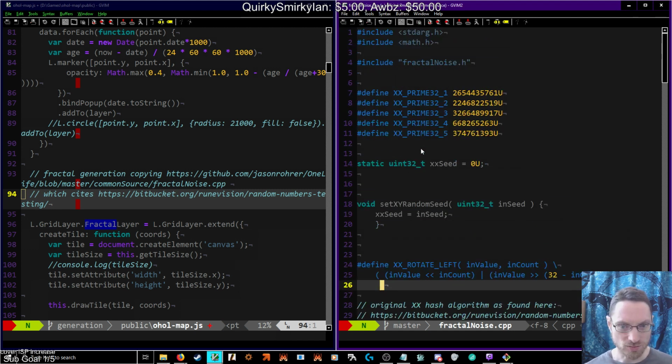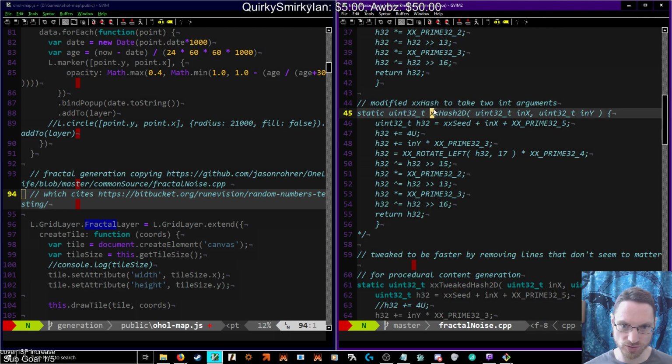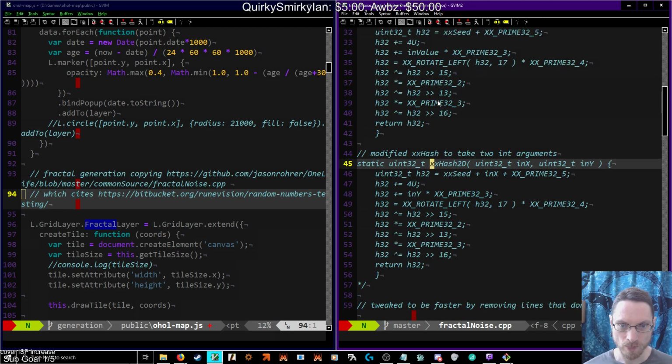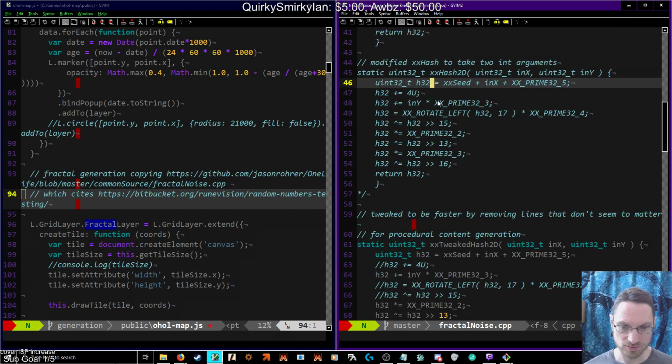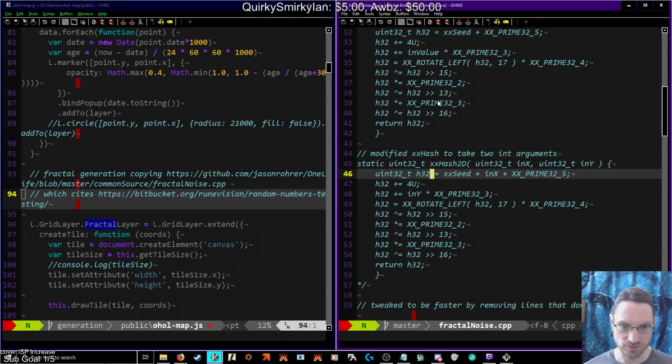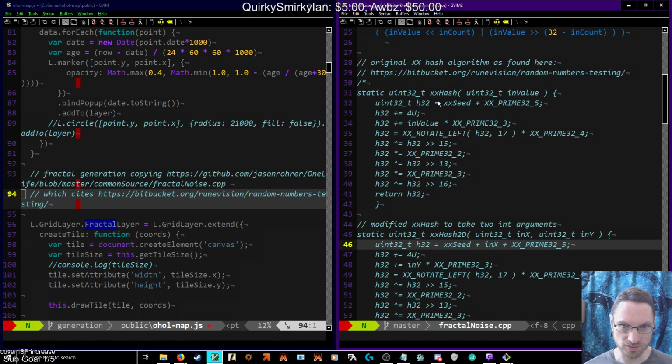All right, so our lowest level thing is, well, we're going to have a seed, we're going to have values, we're going to have a hash 2D. That's even to take 2 int arguments.